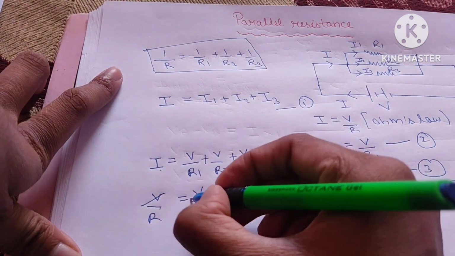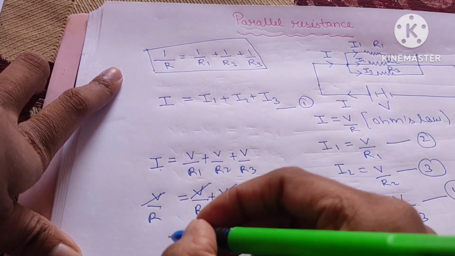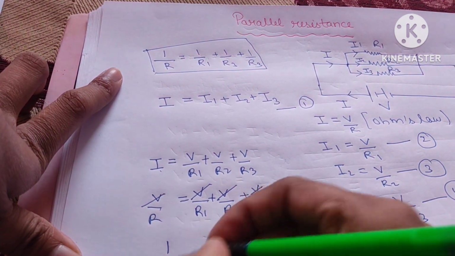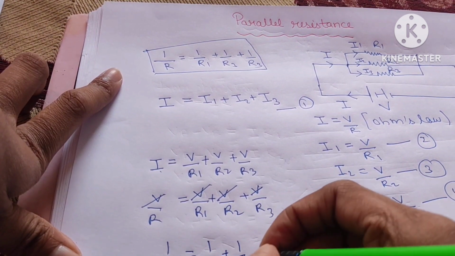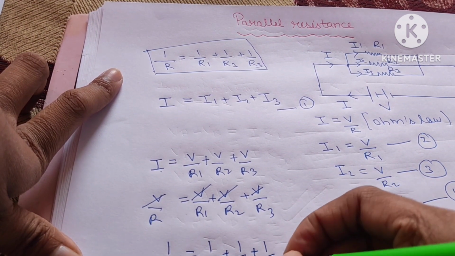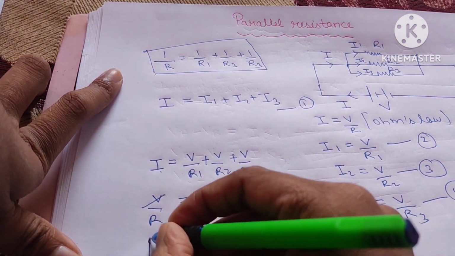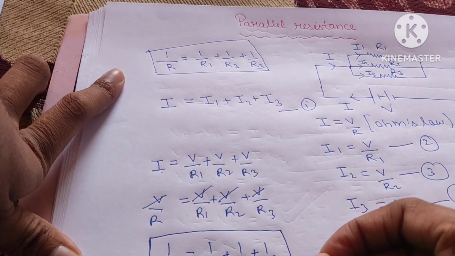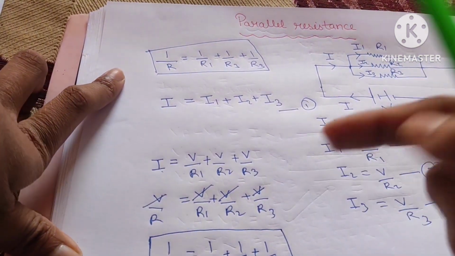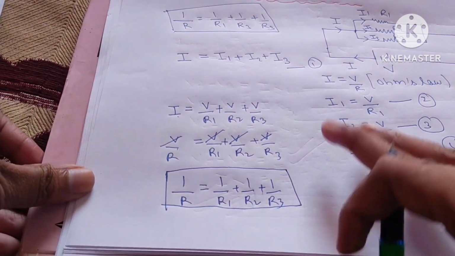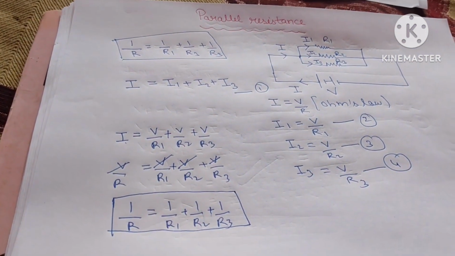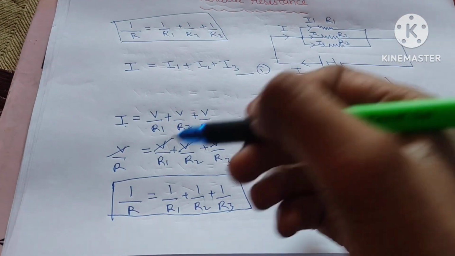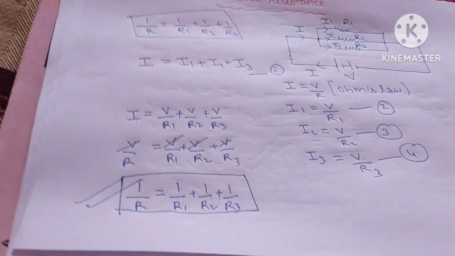V will get cancelled, and 1 by R is left as 1 by R1 plus 1 by R2 plus 1 by R3. So this is the parallel resistance form. This is proved.